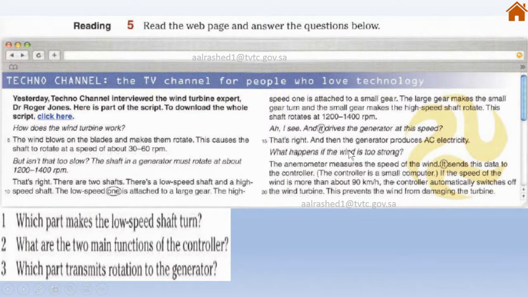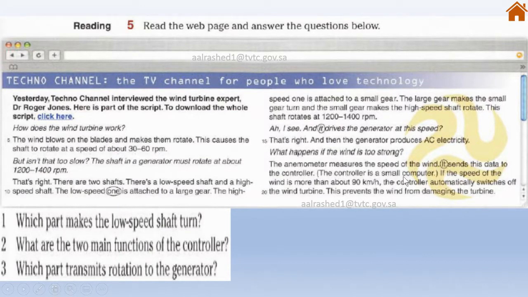What happens if the wind is too strong? The anemometer measures the speed. So the tool that is used to measure the speed of the wind is called the anemometer. It sends this data. Data is a sort of information about the speed of the wind to the controller.